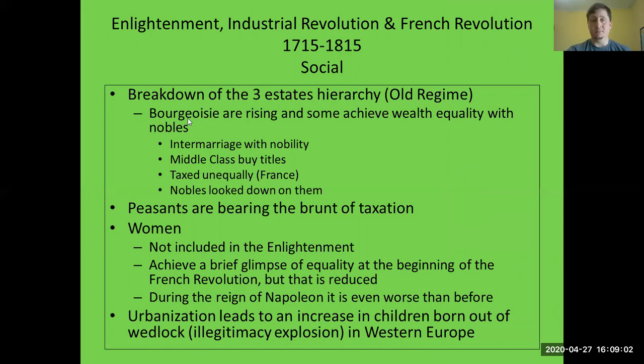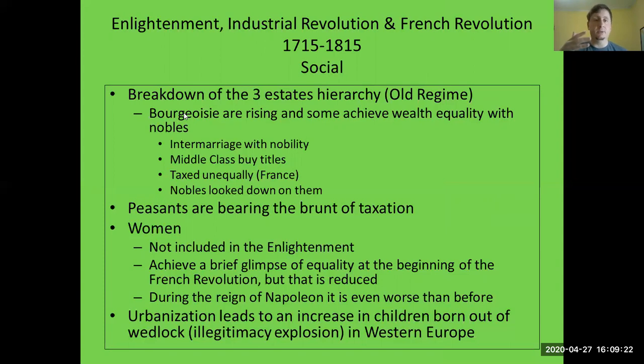But we also just see that the bourgeoisie are rising, and they're beginning to achieve wealth equality with the nobility, and they want to be recognized for this as a group. They probably don't really understand themselves as a group, but they understand individually that they have reached parity with the nobility in a lot of different ways.